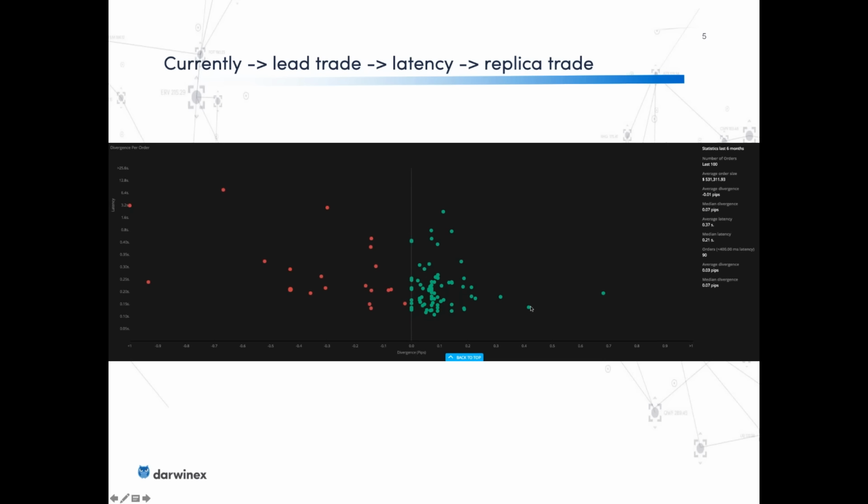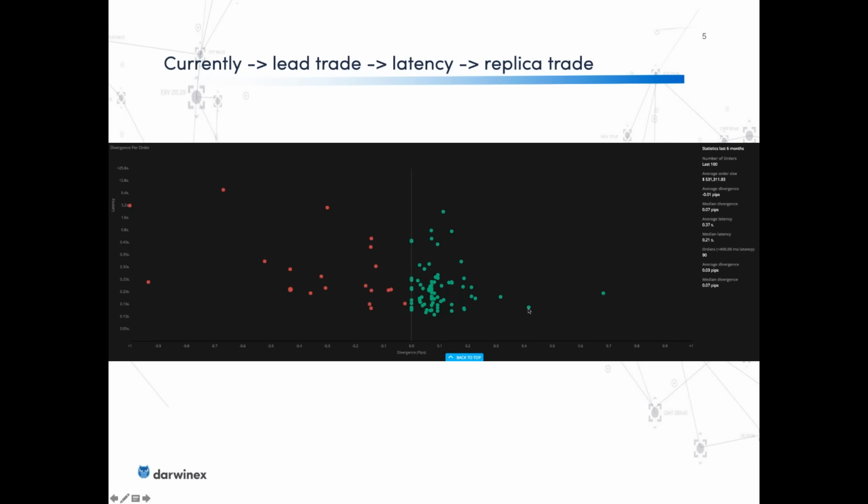So a dot here would tell you that the block investor trade, with a size proportional to the area of the dot, was filled, in this case, with 0.4 pips of positive divergence, i.e. the fill for the investor was 0.4 pips better than it was for the trader.